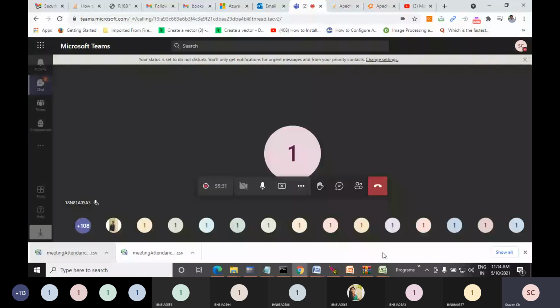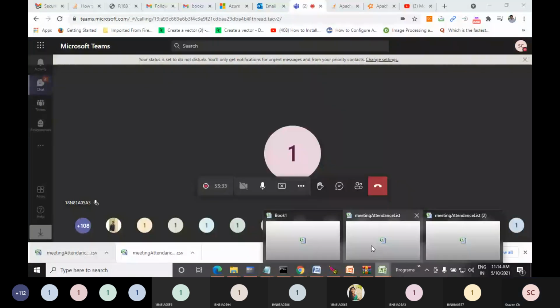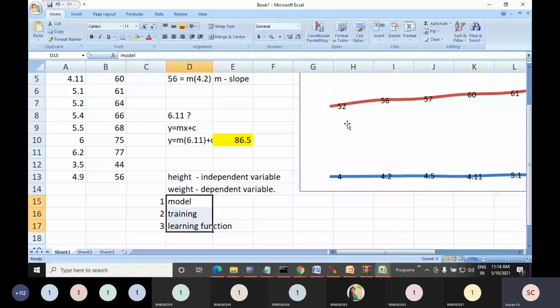Now, see here. Suppose, friends, I have created a machine learning model. My model will predict the weight for a given height. Suppose I made a statement like this, and you wanted to test my model.